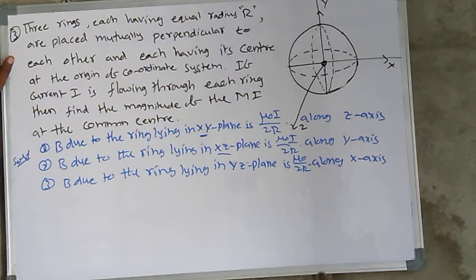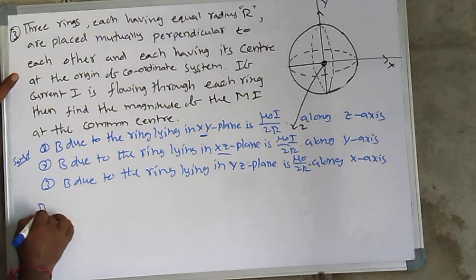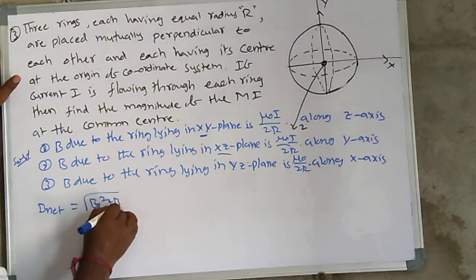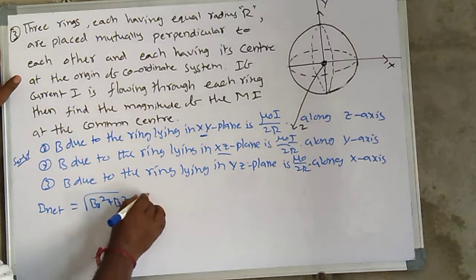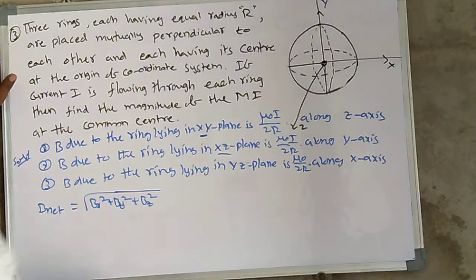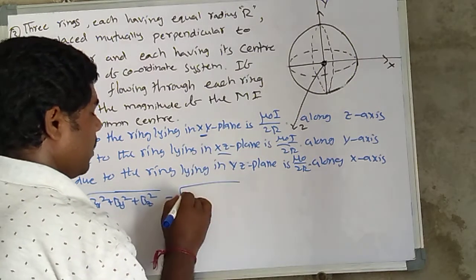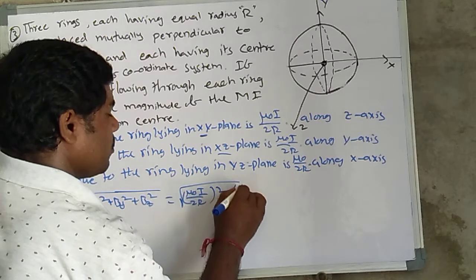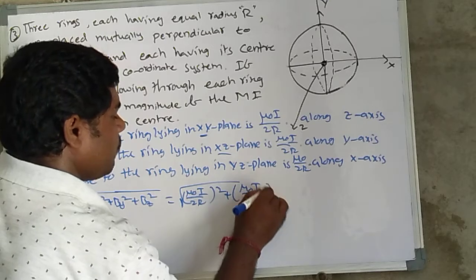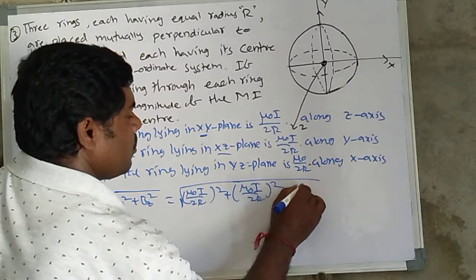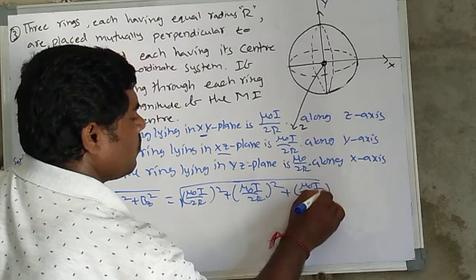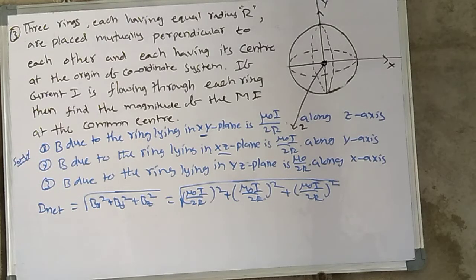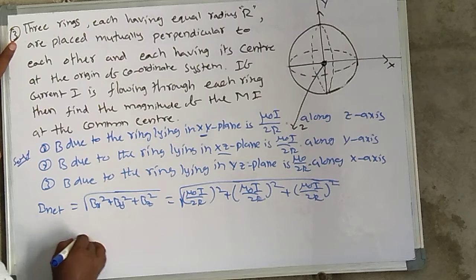So what they are asking is the magnitude. B net is equal to the square root of Bx squared plus By squared plus Bz squared. Substituting the values: square root of (mu naught I divided by 2r) whole squared plus (mu naught I divided by 2r) whole squared plus (mu naught I divided by 2r) whole squared.